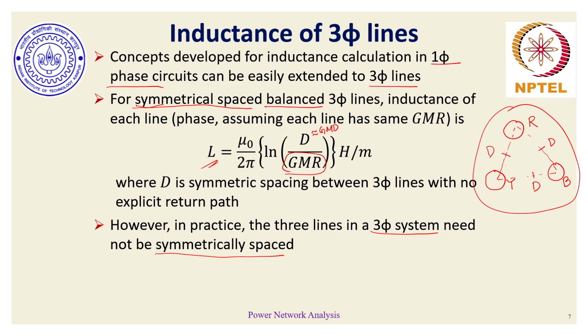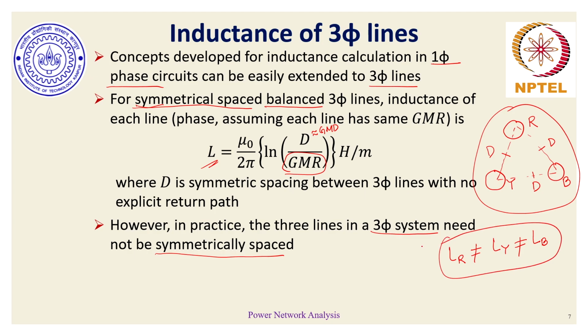For the sake of tower design, from the tower safety perspective, if symmetric spacing is not ensured, what would happen? The inductance of phase R, phase Y, and phase B would become unequal. And even if the load is balanced and generation is balanced, the transmission network which carries this current from generation to load would itself be unbalanced because of these unequal inductances.